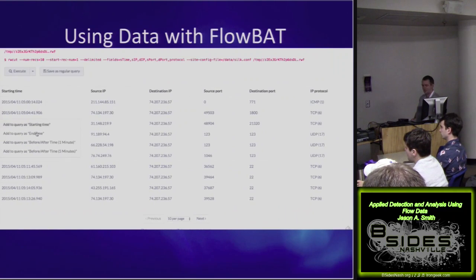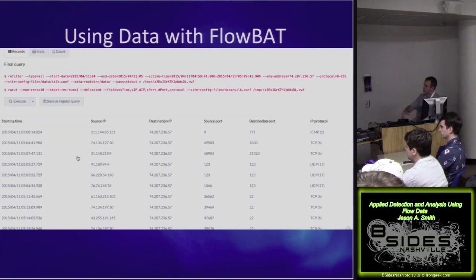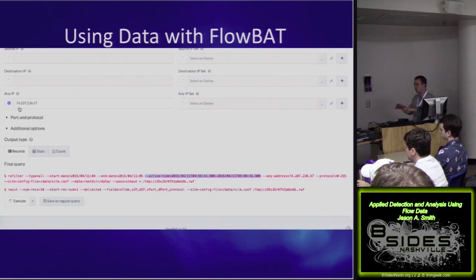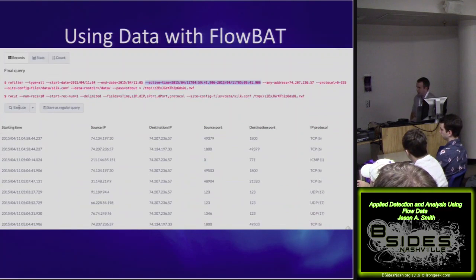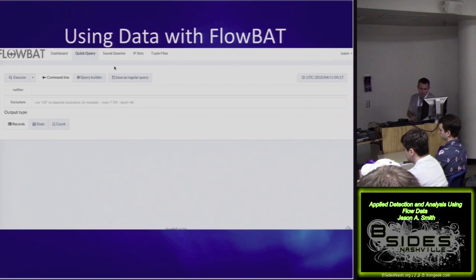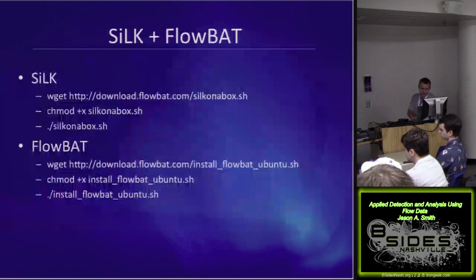And I want to go ahead and say that I only want to look at the 5 minutes before and after. So you'll notice it added in this active time, which would have been a bear to just calculate and say, oh, I want 5 minutes. So it would be a bear otherwise. And so there you go. There's some more pivoting in Flowbat.